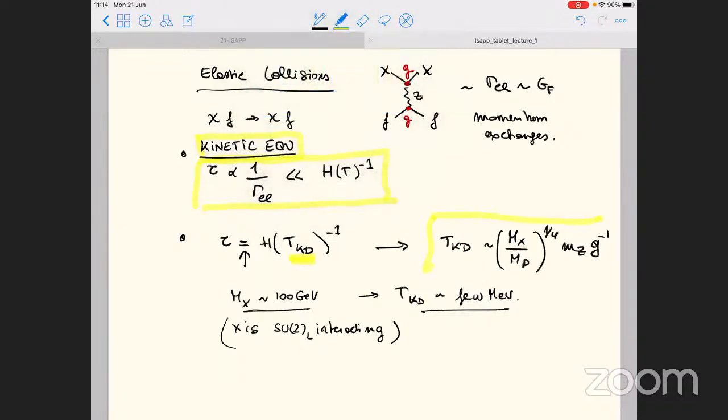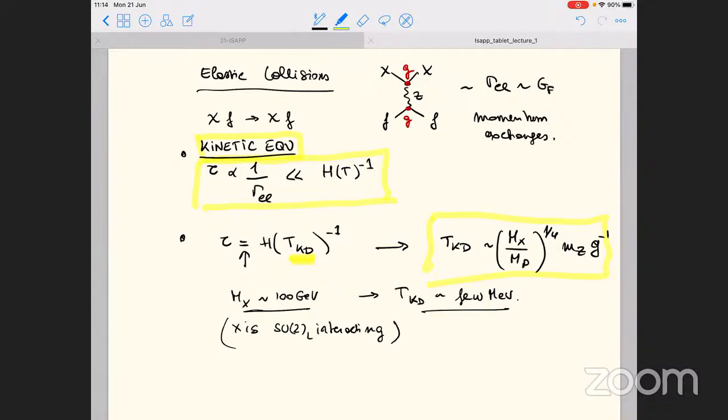So I have the kinetic decoupling temperature here, and when I know the temperature of kinetic decoupling, I know essentially the moment where my particle is decoupling. I know it's in the few MeV range. It won't change much: I have m chi divided by m Planck to the power 1/4. It won't change much for a particle of 1 GeV, 100 GeV, and 1 TeV.